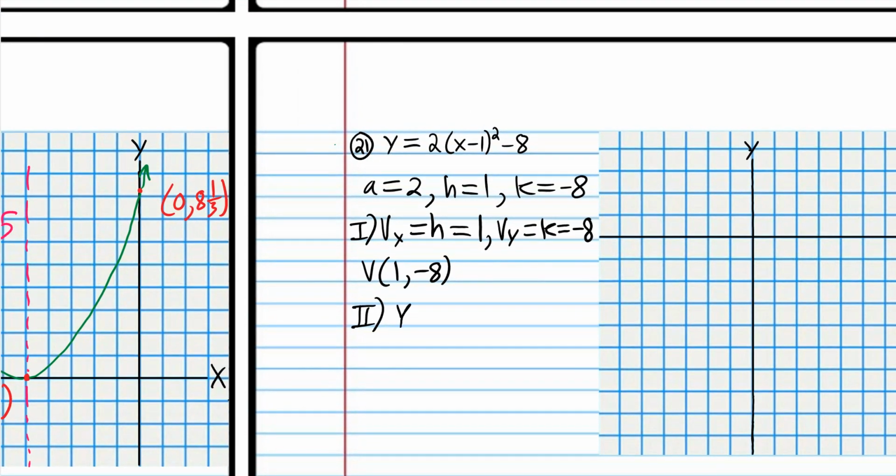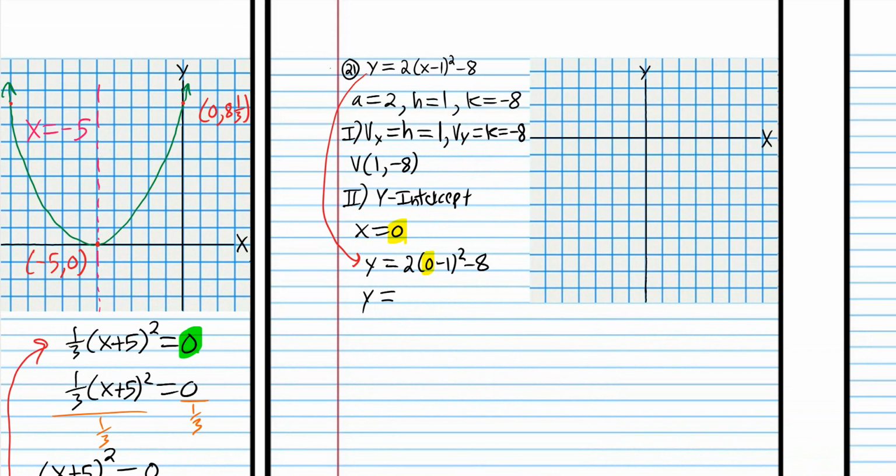Now we're going to find the y-intercept. And to do that, obviously, we'll let x equal 0 as usual. So we're going to let x equal 0 in the original equation. And just to be absolutely clear, we got that 0 from there.